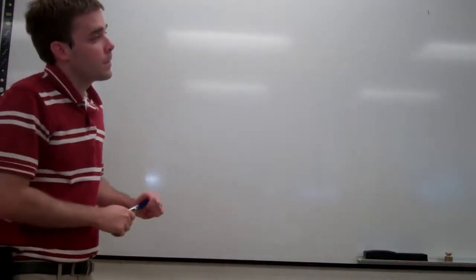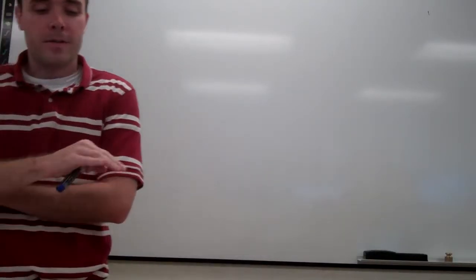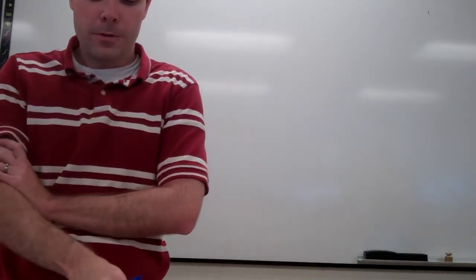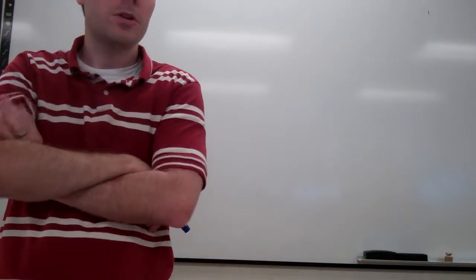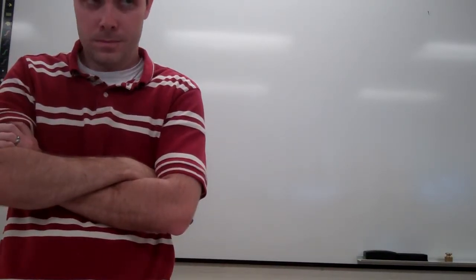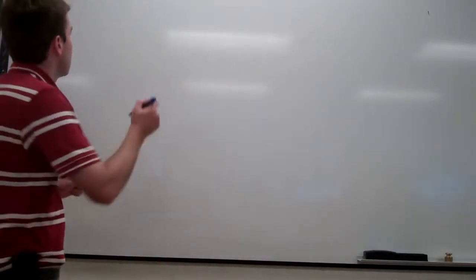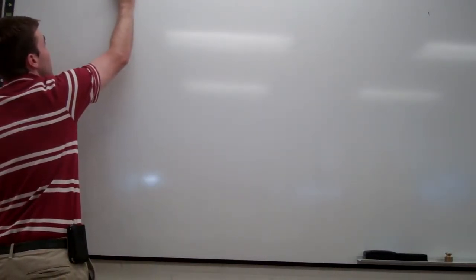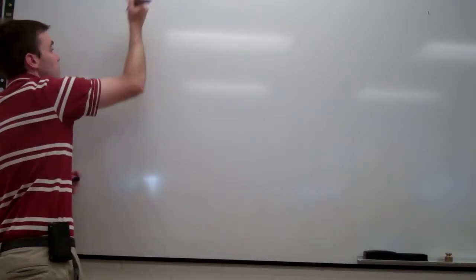Alright, number 2. A jet on an aircraft carrier can be launched from 0 to 60 meters per second in 3 seconds. What is the acceleration of the jet? We have 3 variables here, and we're looking for a fourth. What are we looking for here? Acceleration. So the first thing I write down is a equals question mark.